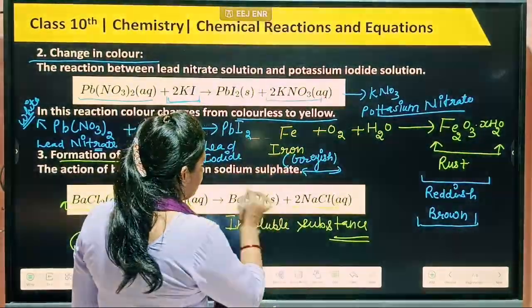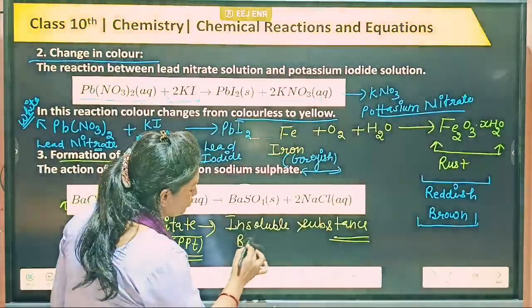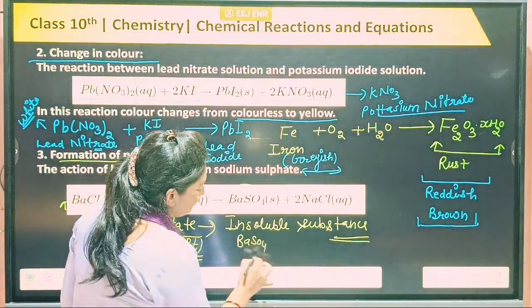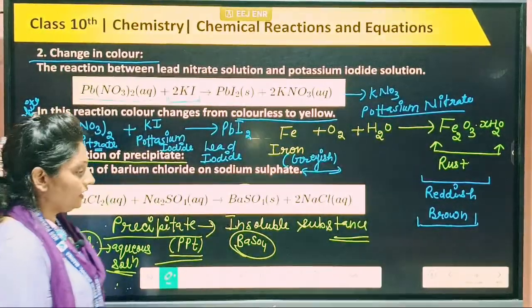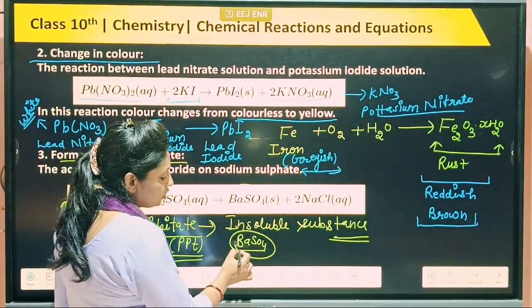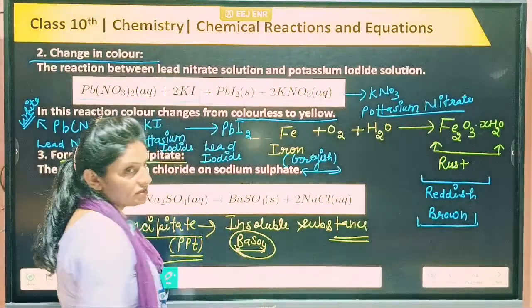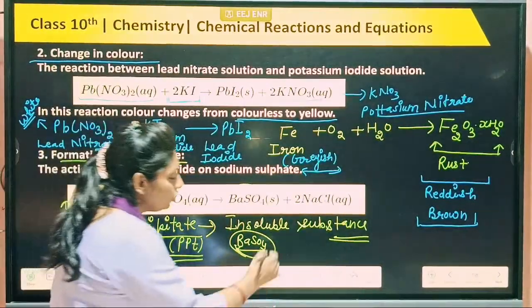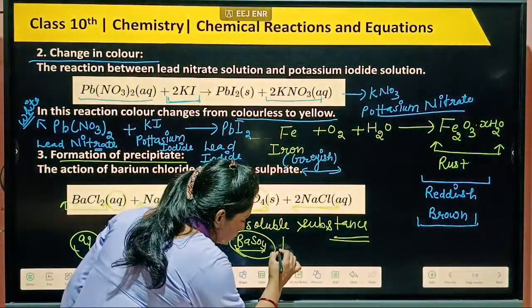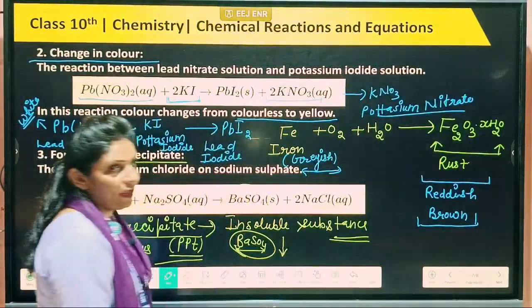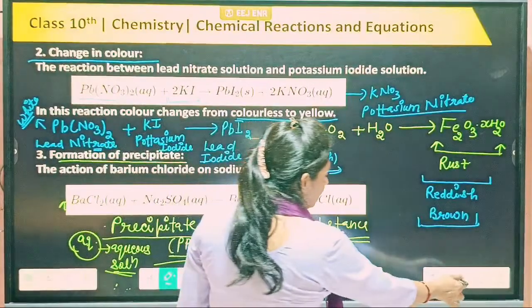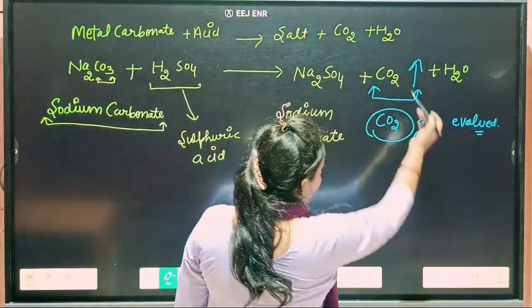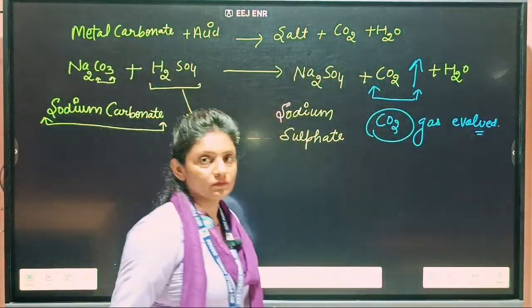Students, here barium sulfate, BaSO4, forms PPT. It forms PPT means some insoluble substance remains in the bottom of the test tube. So we can show formation of PPT by a downward arrow. Evolution of gas we will show by an upward arrow.